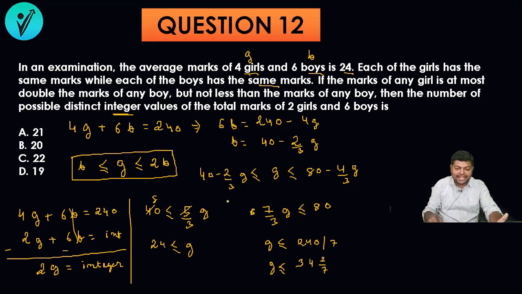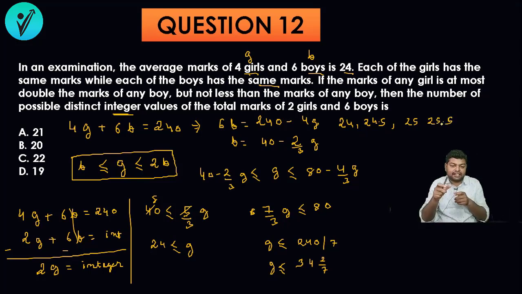So the different values that one can take start from 24. The first ones will be 24 and 24.5. Then we can take 25 and 25.5. That means at every integral level I can take two values.